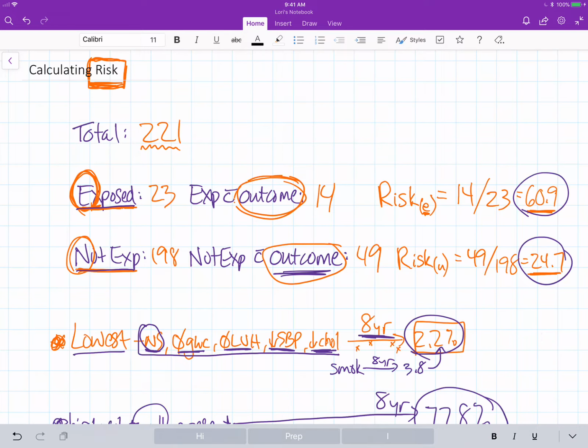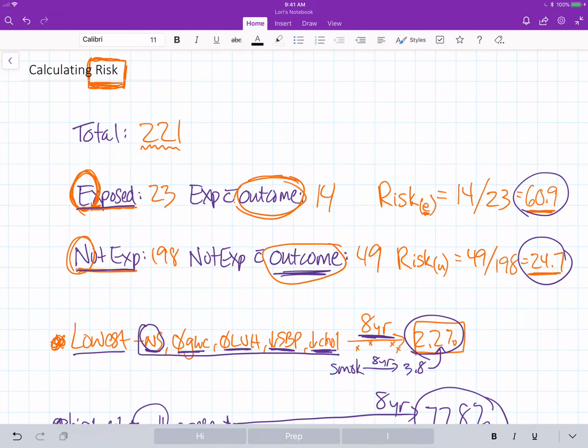We literally went out and we collected this group. Once they were collected, then we decided that we wanted to find out about their exposure to this abuse variable. So there were 23 who were, and 198 who were not. These should add up to 221.